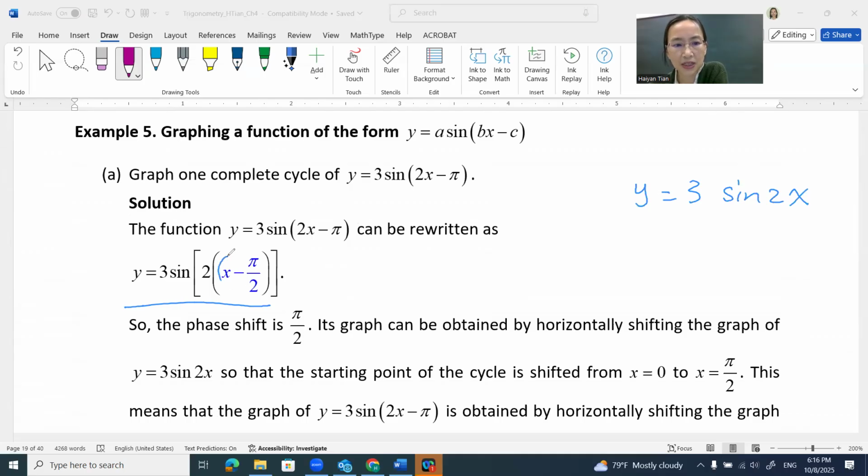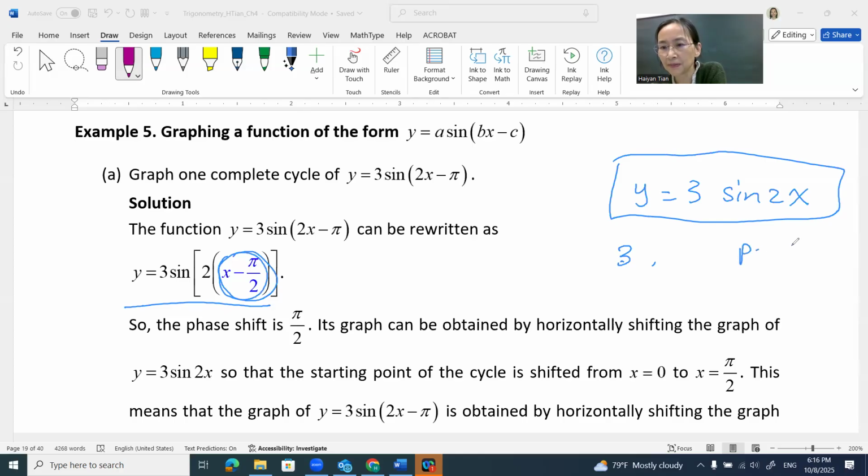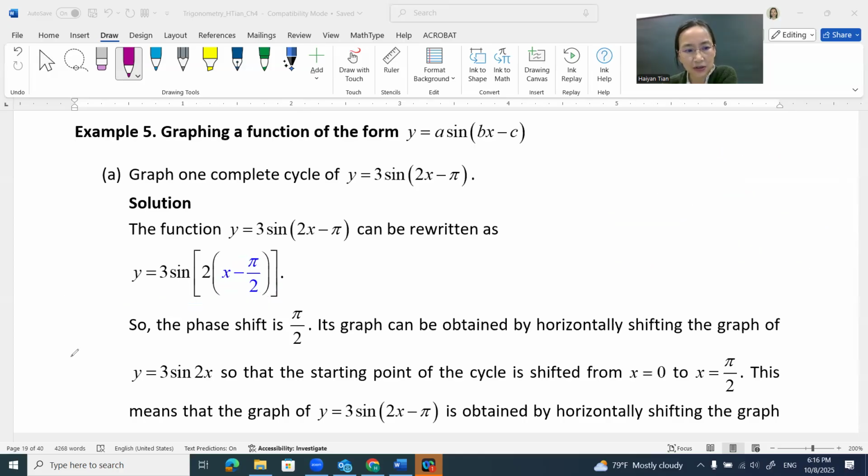That means this quantity, let's replace it with x. The function looks simpler, right? We know its amplitude is 3. Its period is what? 2 pi over 2, which is pi. So 3 and pi. Let's give a sketch of this function. You will see.